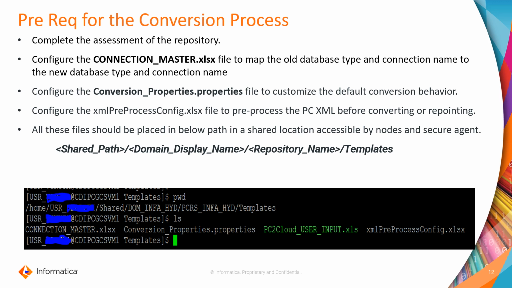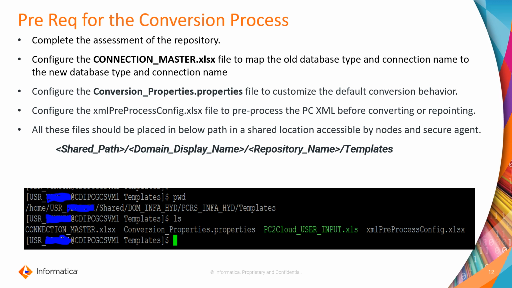Connection master contains the connection information between the PC connections and the corresponding IICS connection. The conversion_properties.properties file has some standard properties, session level or workflow level, which you might want to change if you require to.